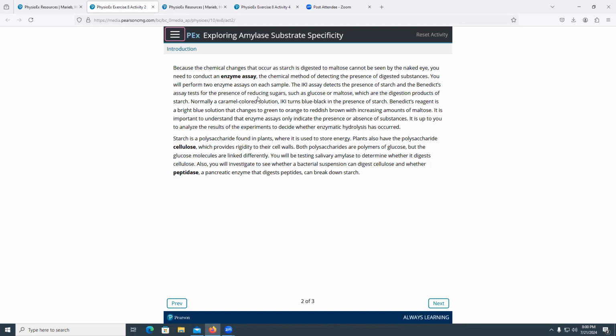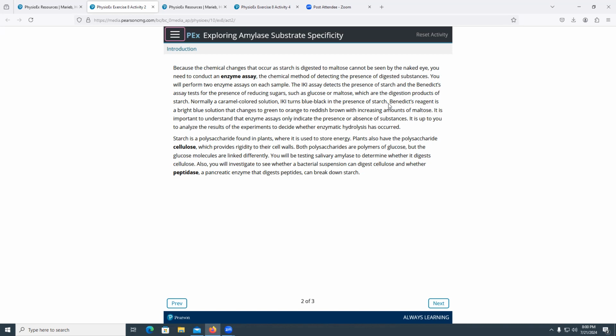So now these are the colors that will tell us. Not only do we need to understand what the assays are, we need to understand the color changes. So IKI is normally caramel color, but it will turn blue-black in the presence of starch.